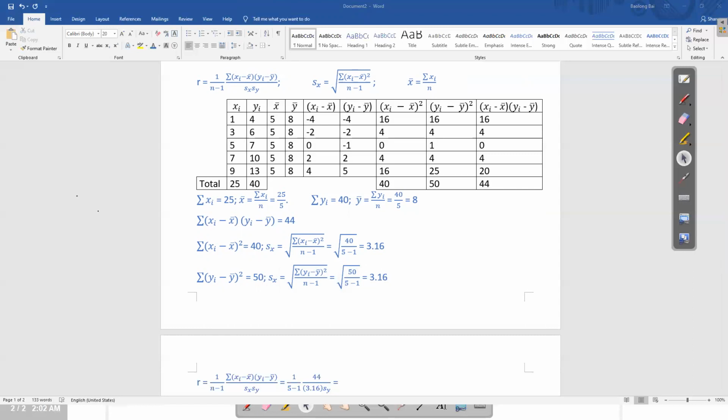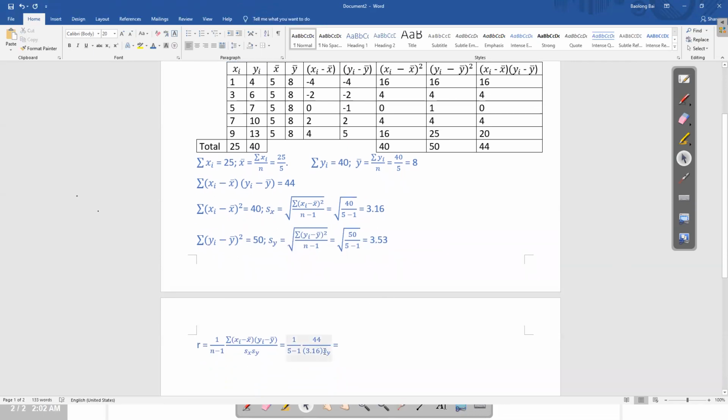So then we need to calculate this. It'll be square root of 12.5. You can use a calculator. And from calculation, it will equal 3.53. Okay, so you got standard deviation of y calculated. So now you get the last piece you need, right? Standard deviation y will be 3.53.